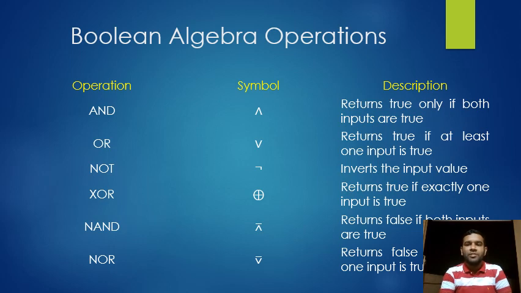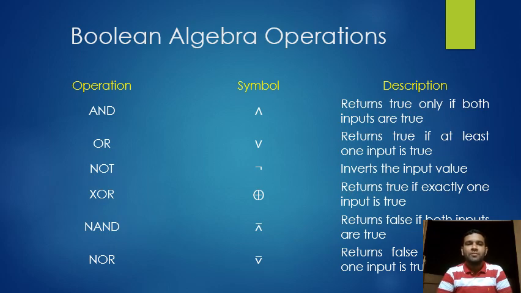This NAND operation returns false if both inputs are true. And the last one is the NOR operation. This one returns false if at least one input is true. So all of those inputs should be false. Only then the NOR operation returns true.